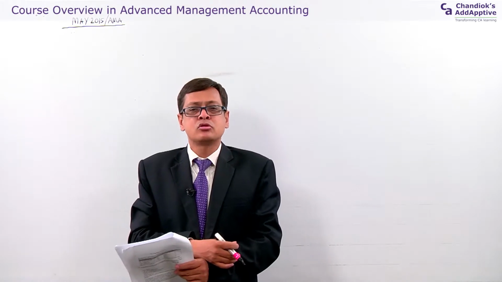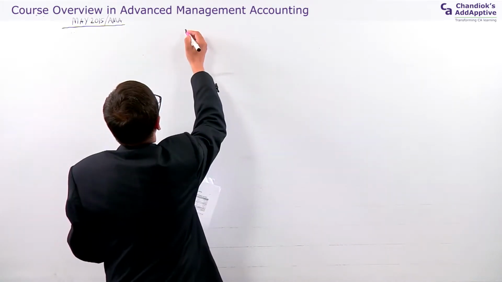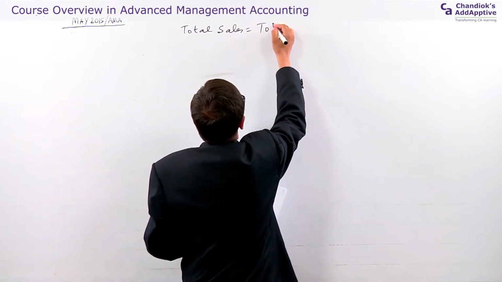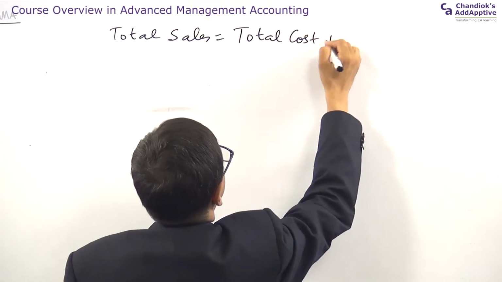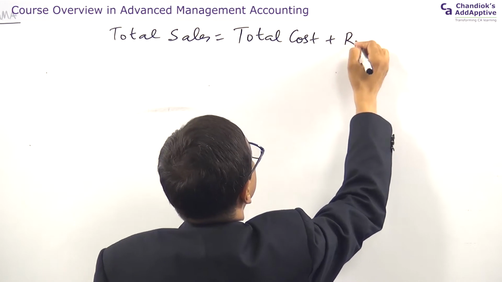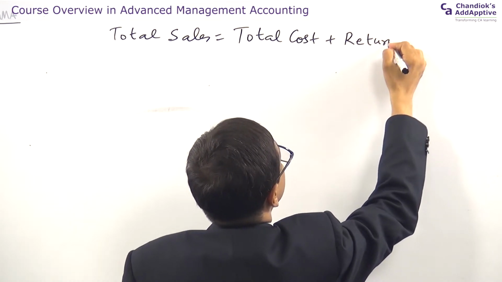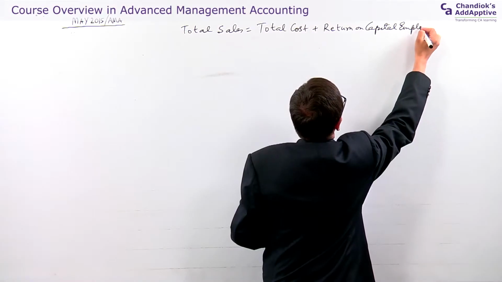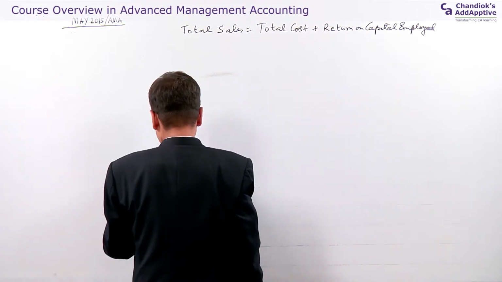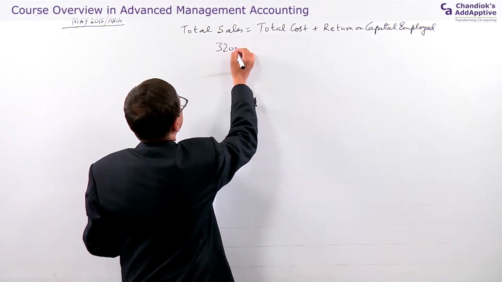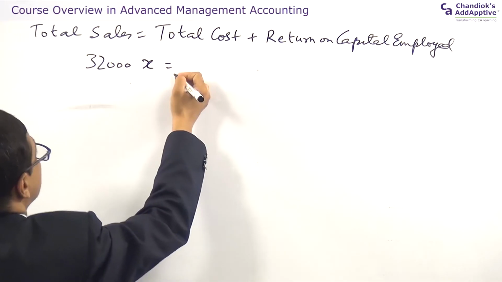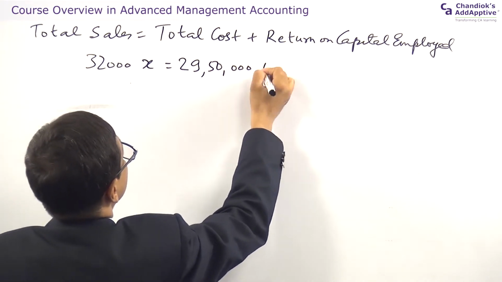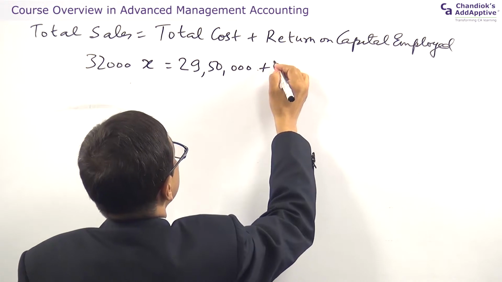So now we are going to solve the equation. What did we write? We write total sales is equal to total cost plus return on capital employed. So what is total sales? The total sales is 32,000x. What is total cost? 29,50,000 plus what is the return on capital employed?